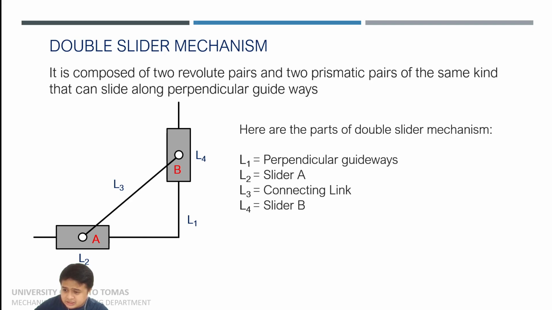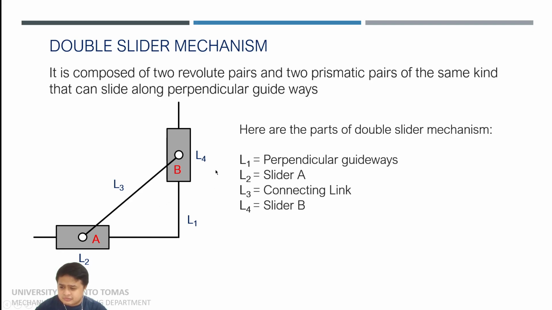If you try to move B upwards and downwards here, then A, as long as you have a guide, will be guided to move left and right. If you go down for B, A will go left. If you go up for B, A will go right. But they have peak points, depending on the length of the connecting rod.